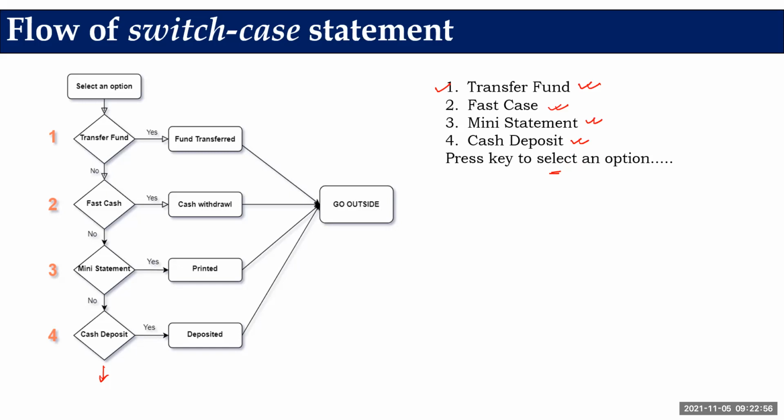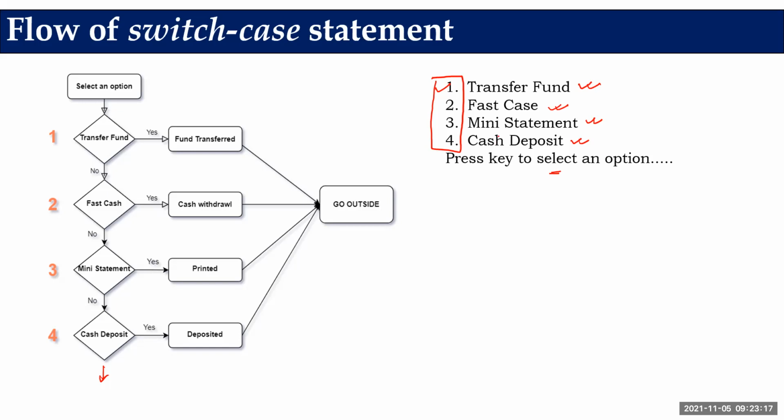If you look carefully, what are we doing at first? We are selecting an option, correct? From this list of options, we are selecting an option. These options we select through certain numbers, correct? 1 for this, 2 for this, 3 for this.